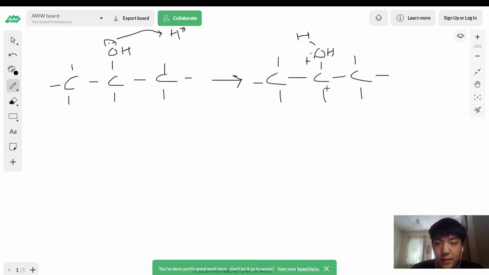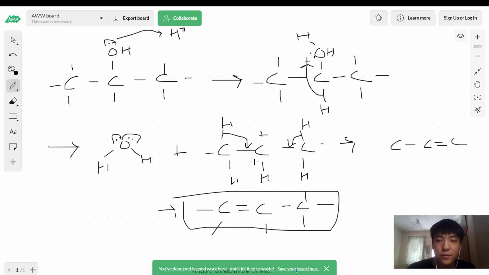But if that hydrogen goes to that bond, it would create this alkene. But fortunately, since we chose propan-2-ol at the start, they're the same alkene. But say if we used methylbutanol at the start, that would create two different products, and that would give you a mixture of alkenes.